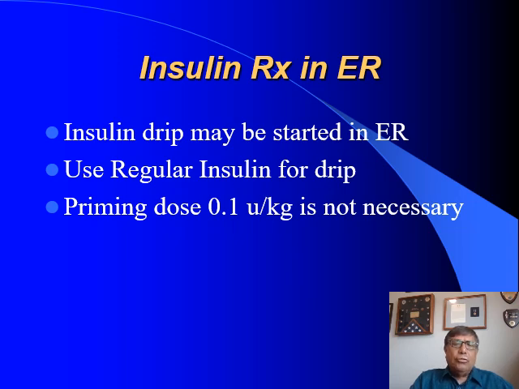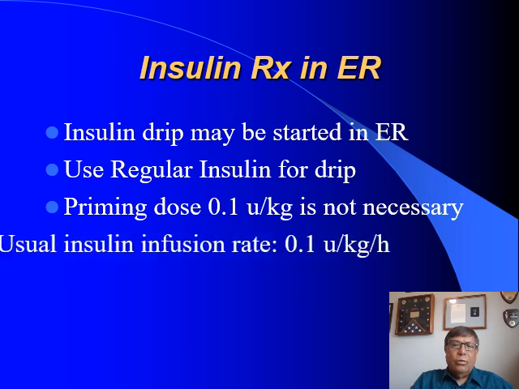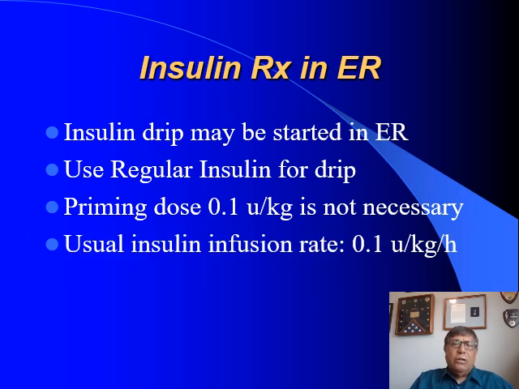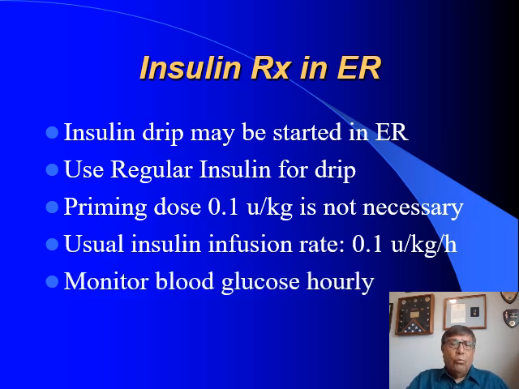Some people used to give a prime dose, but that is not necessary anymore. For the insulin infusion, the standard practice is 0.1 unit per kg per hour. Again, that may change later on, but initially this is a good start. And monitor blood glucose hourly.